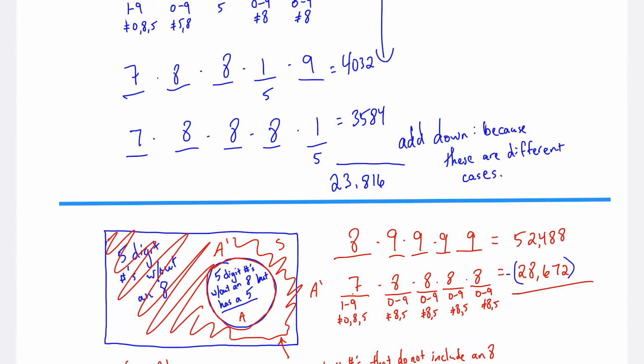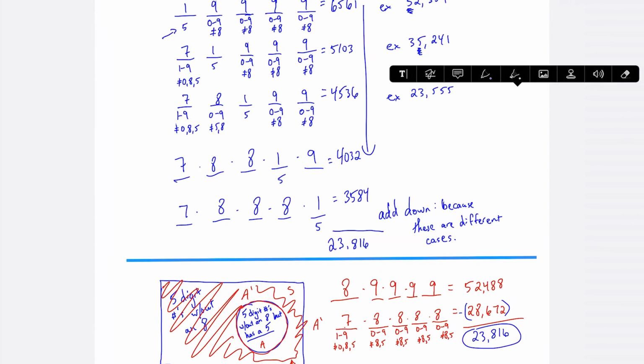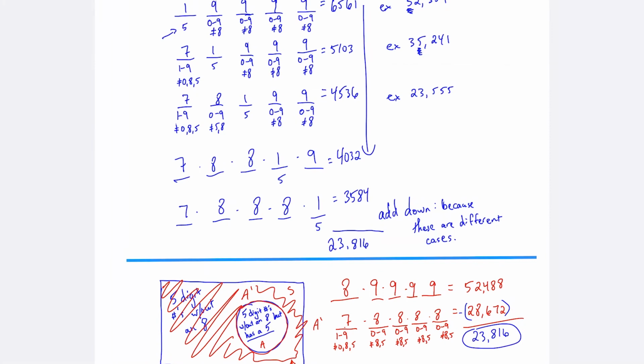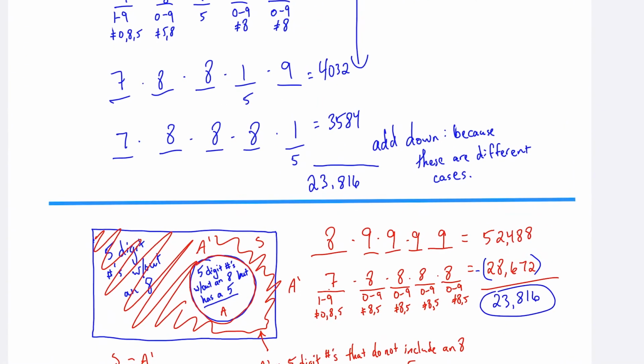So 52,488 minus 28,672, which is 23,816, which if you look at the example above, which I did eventually fill in, the answer is also 23,816.